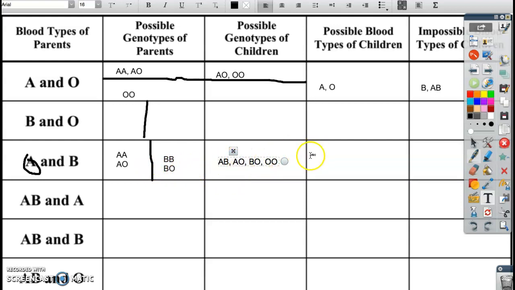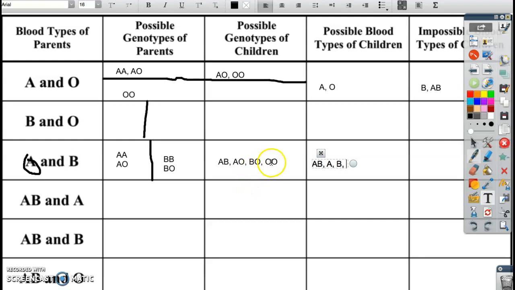So if you want to look at possible blood types, if their genotype was AB, their blood type would be AB. If they were AO, their blood type would be A. If they were BO, B is dominant, so the blood type would be B. I already said that, didn't I? All right, BB.